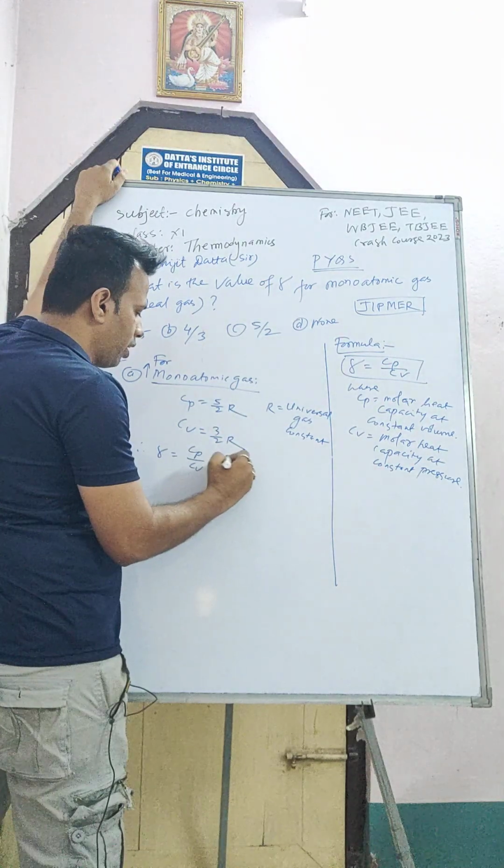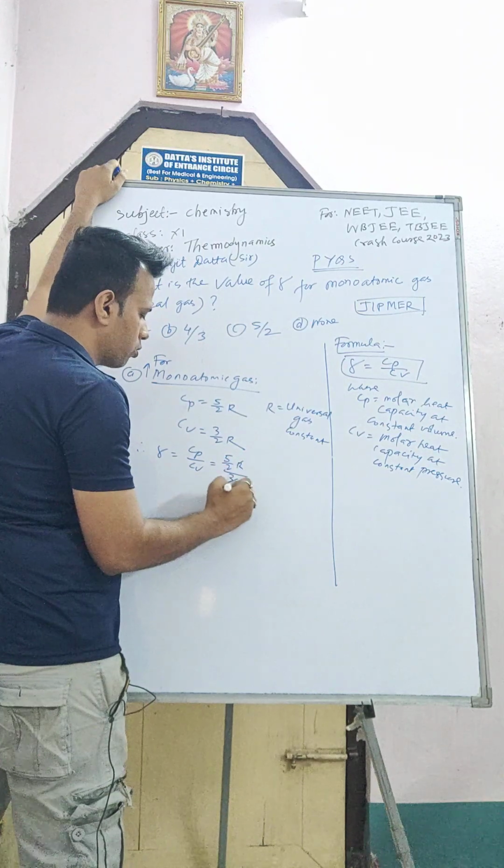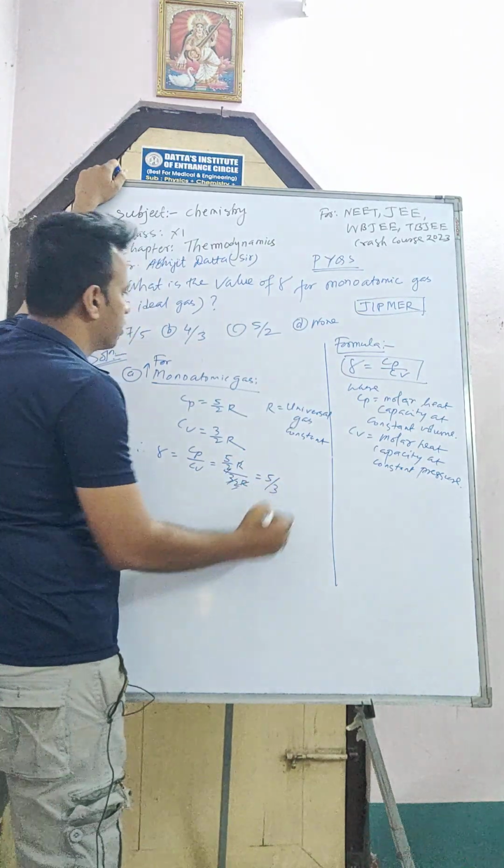It will be 5 by 2 over 3 by 2, the 2s cancel, that is 5 by 3.